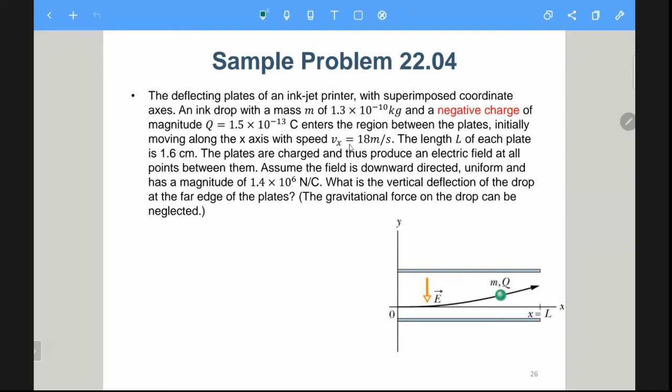The initial velocity, Vx, is 18 meter per second, and the length of each plate is 1.6 centimeter. The plates are charged and thus produce an electric field at all points between them. Assume the field is directed downwards, uniform, and has this magnitude. What is the vertical deflection of the drop at the far edge of the plate? The gravitational force on the drop can be neglected.